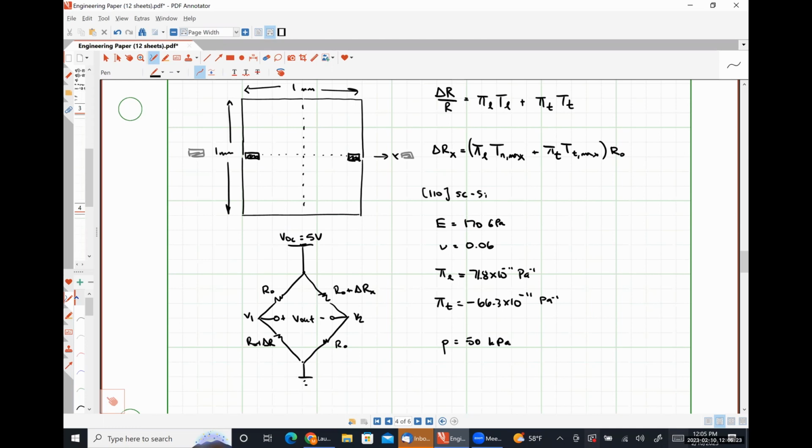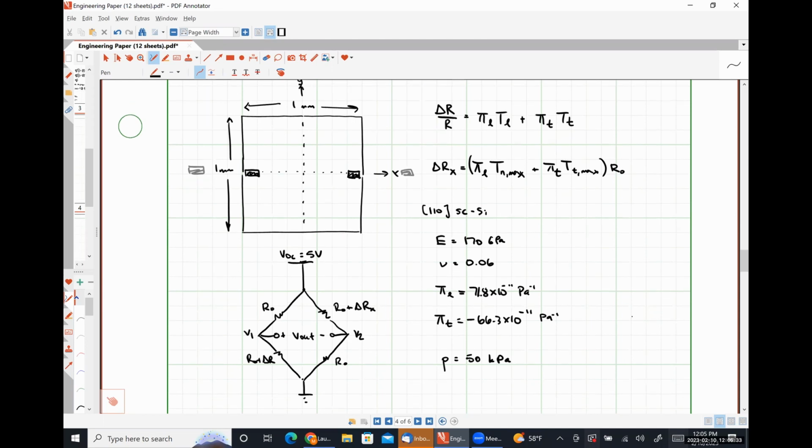Fairly straightforward kind of question here, tying together what we've talked about today with some of the sensing techniques that we've talked about previously, right? I've literally already given us the equation to calculate the change in resistance. So that's fairly straightforward. And then we would simply need to figure out an equation that gives us our output voltage as a function of that change in resistance, which isn't particularly difficult either.